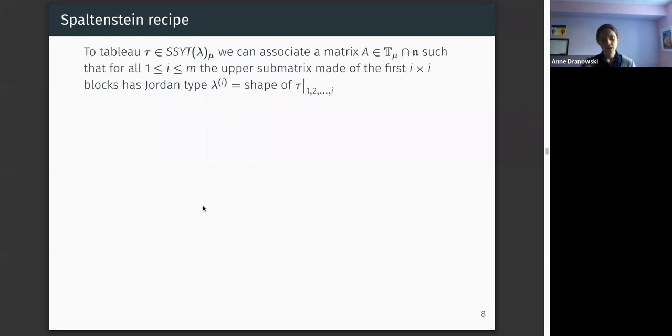So how are these generalized orbital varieties built up? They're built up using a Spaltenstein type recipe and this matrix fact from the very first slide.